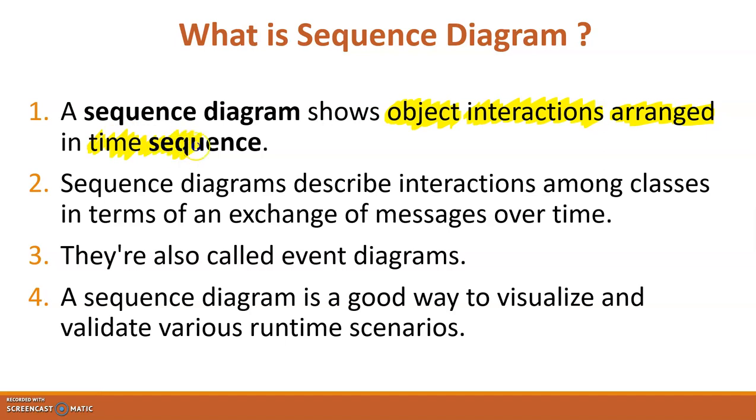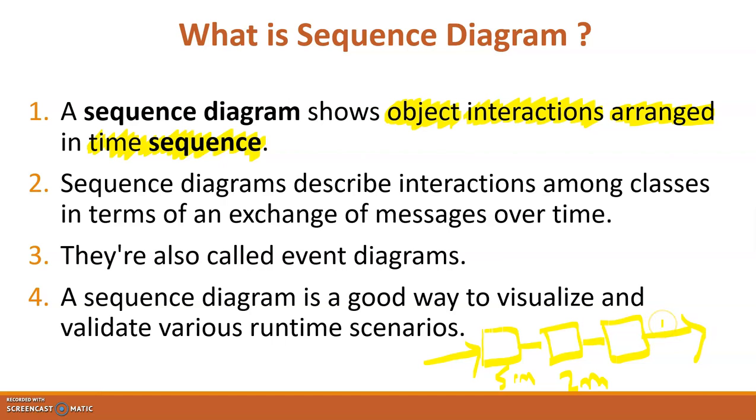Time sequence means what? If I say this is my first object, this is the second object, and this is the third object, right? When I'm starting from this location, let's say I take 5 minutes to work here, then I go here, it takes 2 minutes, then I go here, and finally I get the output.